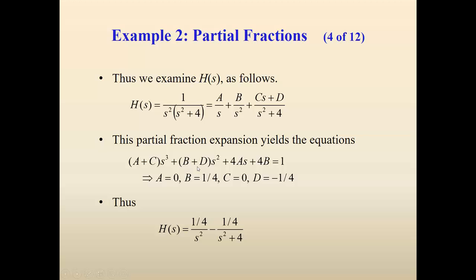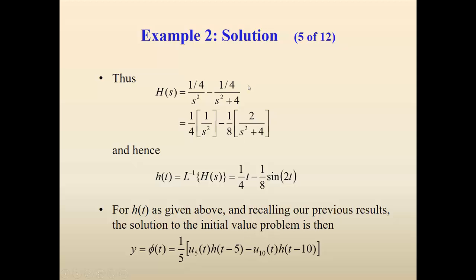Since B and D are grouped together, D must equal negative B, or negative 1/4. Nice and easy. 1 over s squared is t, so this is going to be 1/4 t minus 1/4 over s squared plus 4. Problem here, I don't want a 1/4 on top, I want a 2. So multiply top and bottom by 2 to get your correct form.